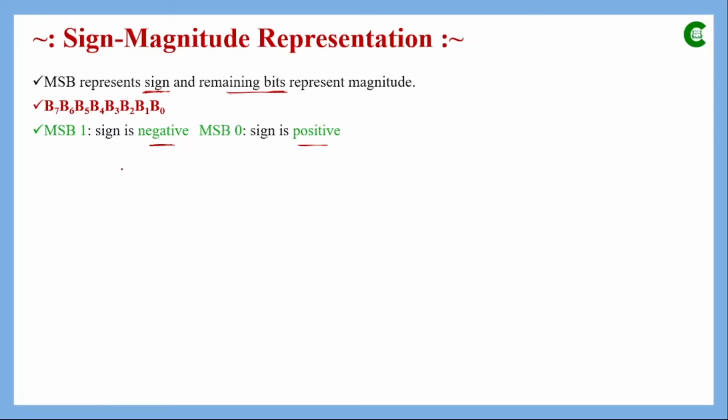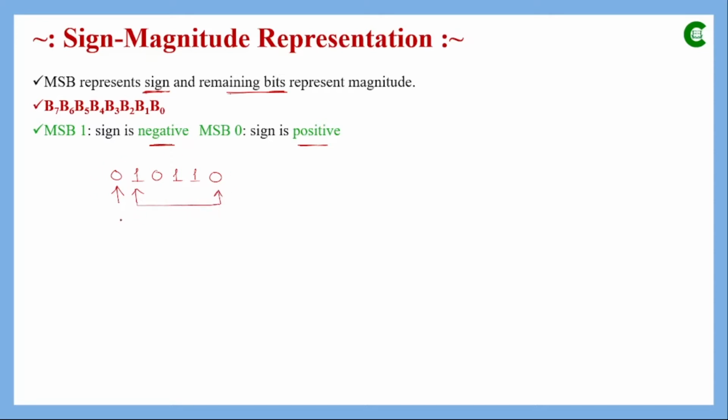So suppose if we take this as an example, here we can see this is a 6-bit binary number. If we are using the sign magnitude representation, then this MSB will be used to represent the sign, and the remaining bits from 0 to 5th bit will be used to represent the magnitude.